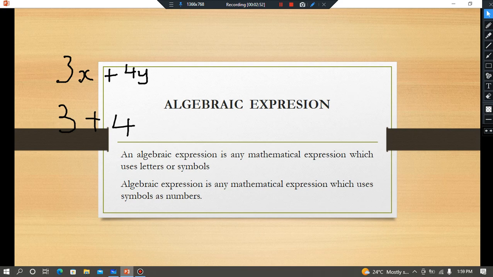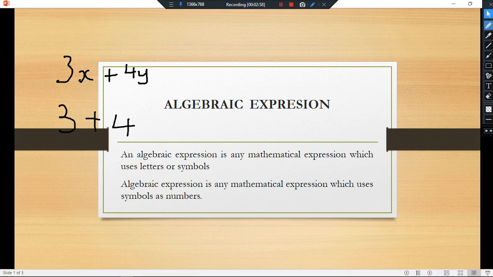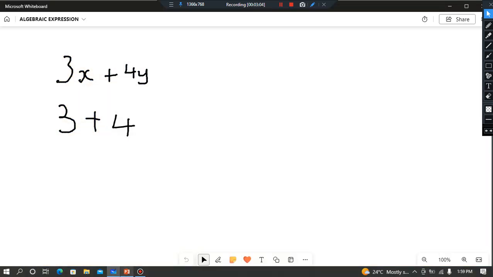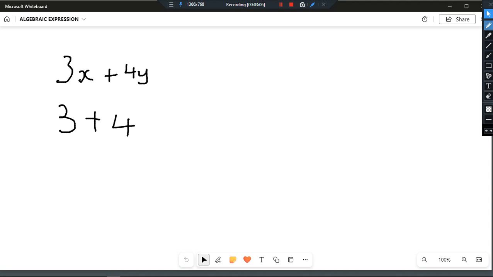Another definition for algebraic expression is any mathematical expression which uses symbols as numbers. A typical example of mathematical symbols, let me make an illustration for you to see what I mean. When we talk of symbols, we have a symbol like pi, we have a symbol like theta, and so many others.